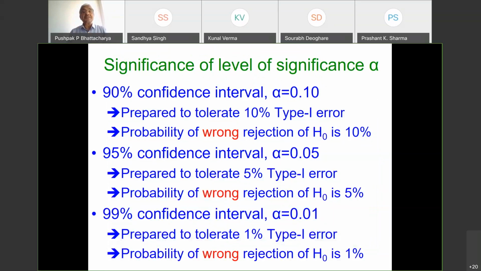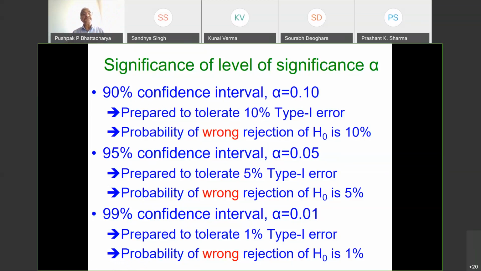Now, the significance of the level of significance alpha. What does this mean? When I have a 90% confidence interval, alpha is 0.10. So the intuitive statement corresponding to this is that we are prepared to tolerate 10% of error. And always remember, the significance level alpha is tied closely with the type 1 error.